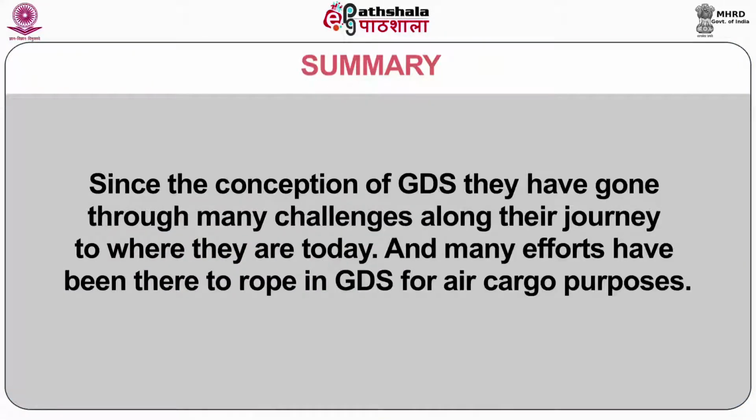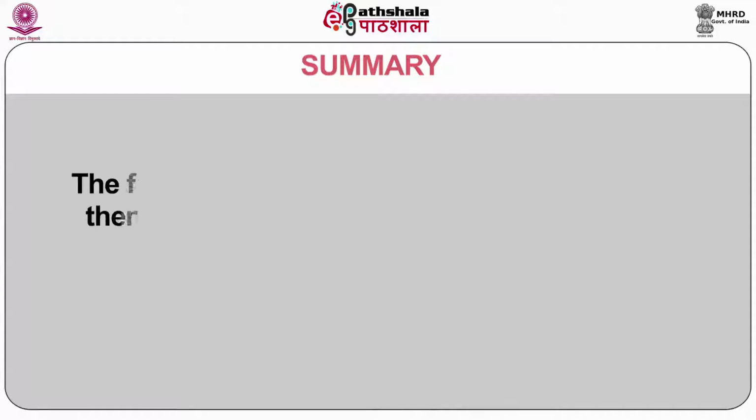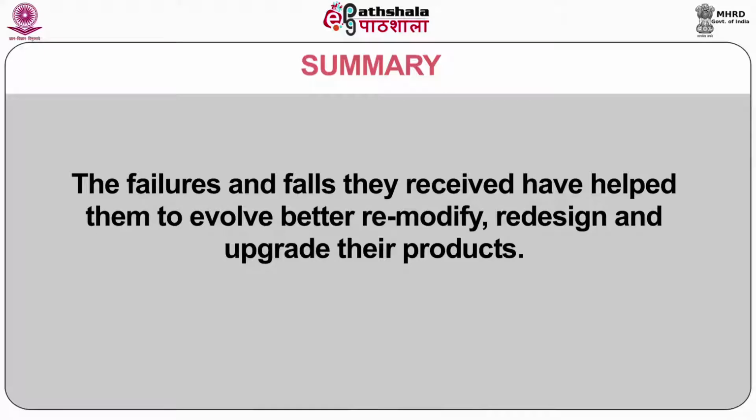Since the conception of the global distribution system, it has gone through many challenges along its journey to where it is today, and many efforts have been made to rope the global distribution system in for air cargo purposes. The failures and faults they received have helped them to evolve, remodify, redesign, and update their products. They always try to come up with better information and devices for the industry, including cargo.